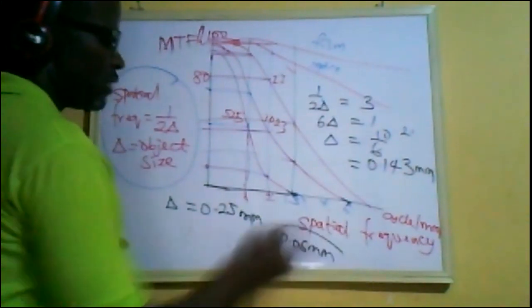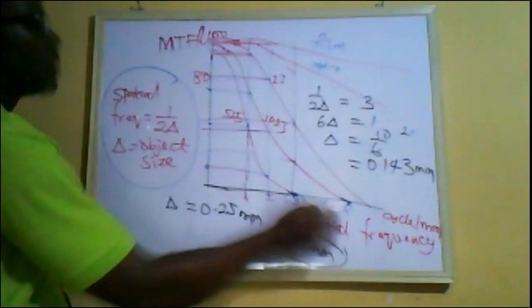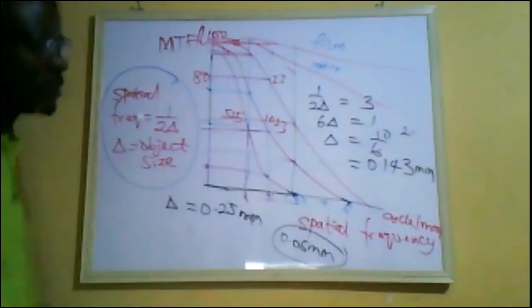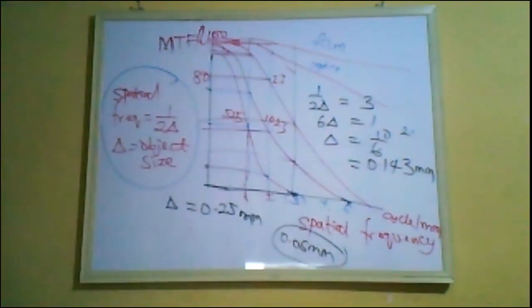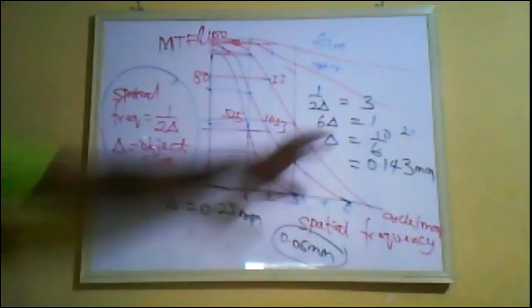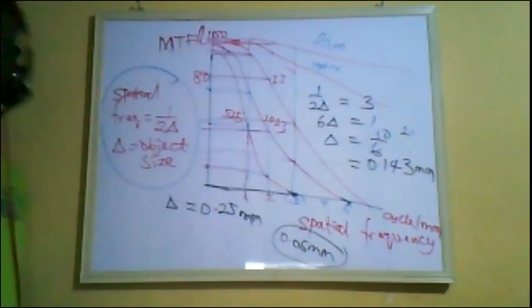It means if an object is smaller than 0.05 millimeter, this system wouldn't be able to resolve it. So as the spatial frequency increases, that is, as the body becomes smaller and smaller, for all the machines the MTF continues to reduce.